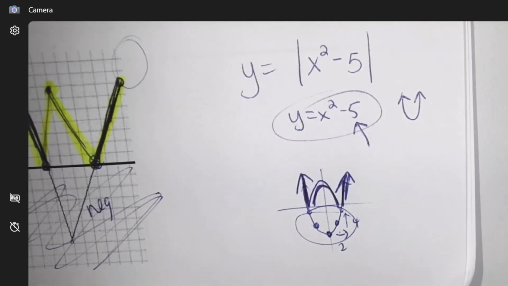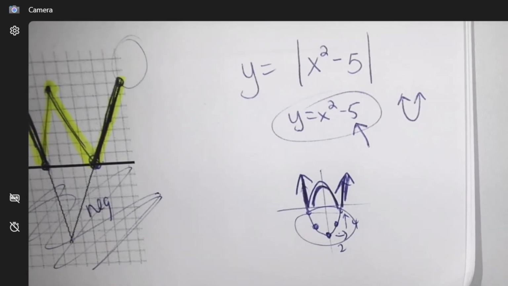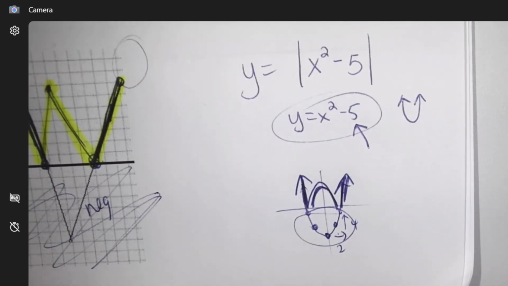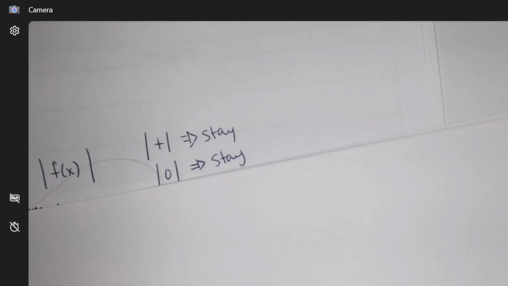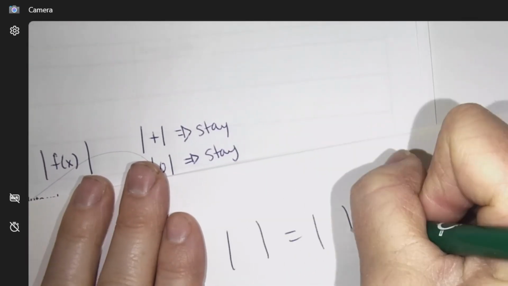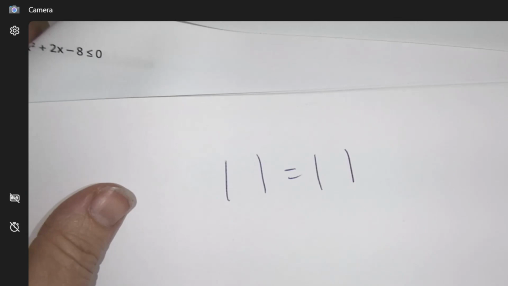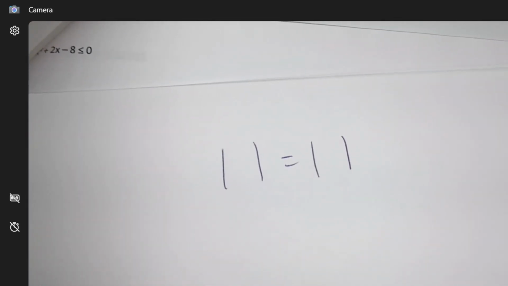And then there's one more little bit of a question, and it has an absolute value on both sides. Okay, so what could you do if you have two absolute values? Okay, so there would technically be 4 cases because a normal absolute separates into 2.